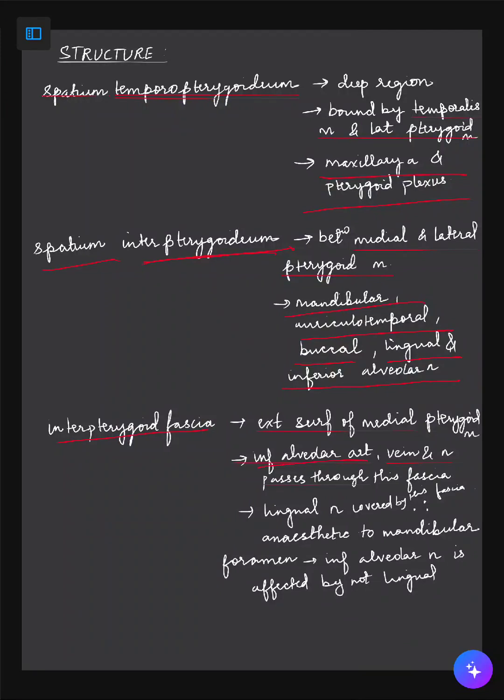The inferior alveolar artery, veins and nerve pierce through this fascia, but the lingual nerve is covered by this fascia. Therefore, when anesthesia is given at the mandibular foramen, the inferior alveolar nerve is affected but not the lingual nerve, because the inferior alveolar nerve pierces through this fascia, but the lingual nerve is covered by the interpterygoid fascia.